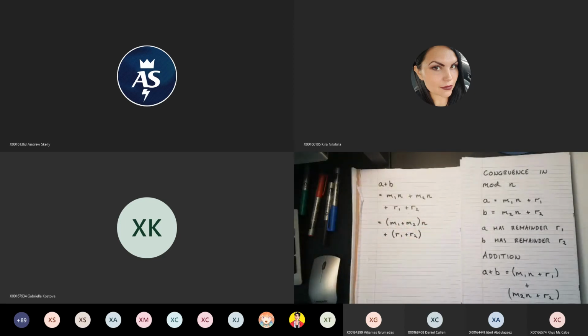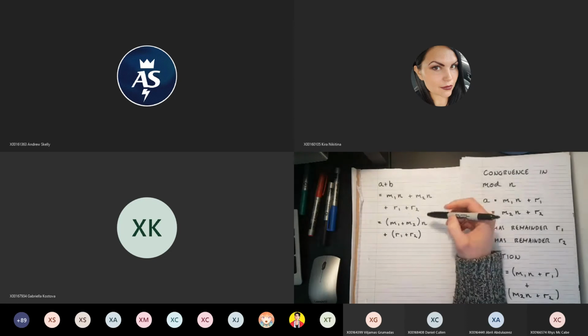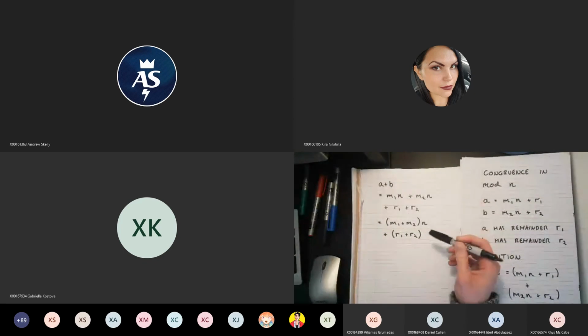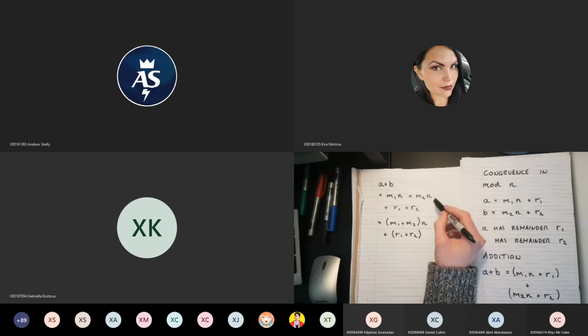So what do I see here? Well, I see that m1 and m2 are multiplying the n, which is the base, like the 7 that I had before. And the remainder I'm going to get is always going to be the sum of the two remainders that I had before. So this is completely independent of my choice of whatever n is, whatever a and b are.